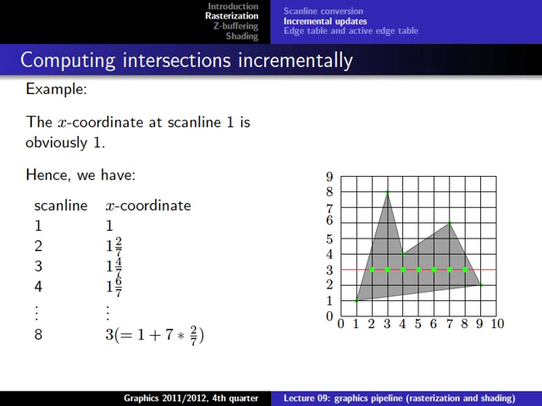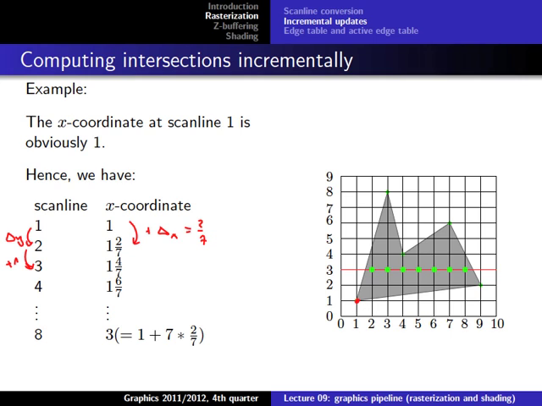So that gives us an easy way, starting from this point, to calculate all the intersection points step by step when we move the scan line upwards, because here we have the delta y, it's just plus 1 every time, and here we just add the plus delta x, which is 2 divided by 7.